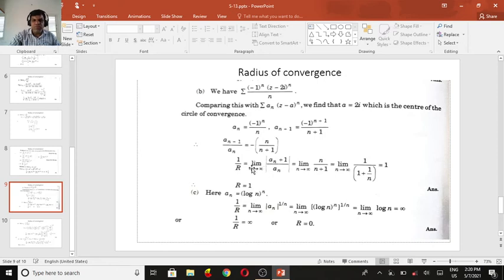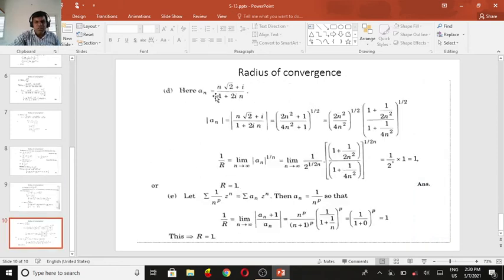So now we come to one more problem. Here a_n is equal to n times (root 2 plus i) divided by (1 plus 2in). The absolute value of a_n is n times root 2 plus i divided by 1 plus 2in.